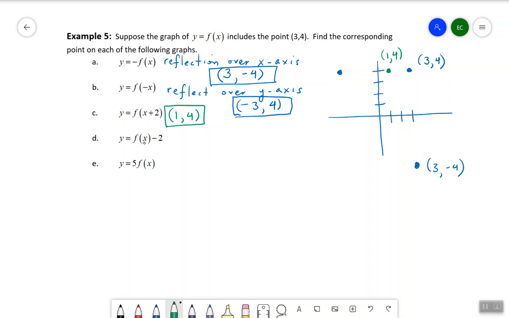If we have f of x and then a -2 outside the basic function, that's a shift down 2 units. So then down 2 units would get us to the point at 3, 2.